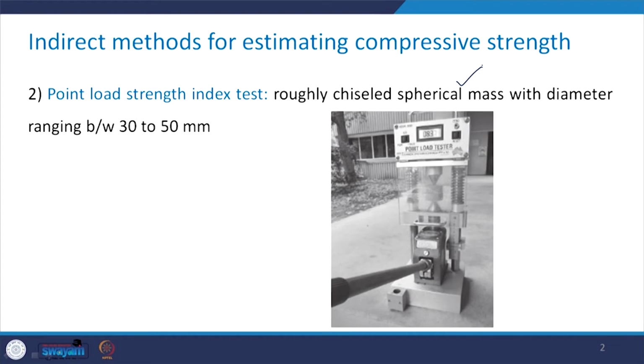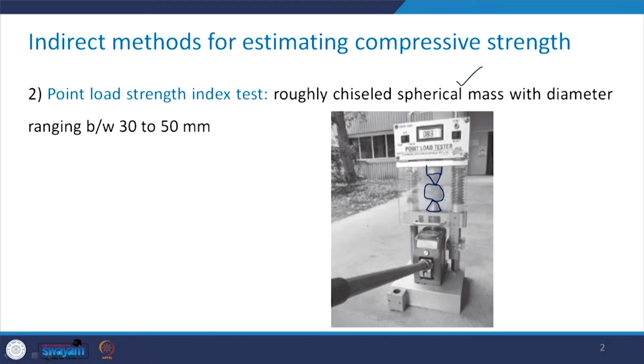So, that is a machine which has been shown here in this figure. You can see that here the specimen has been placed between these loading platens, spherical loading platens, which I have outlined.